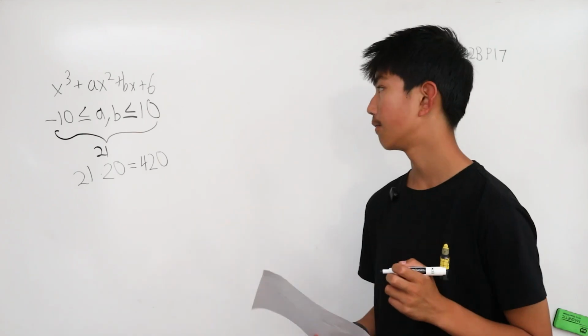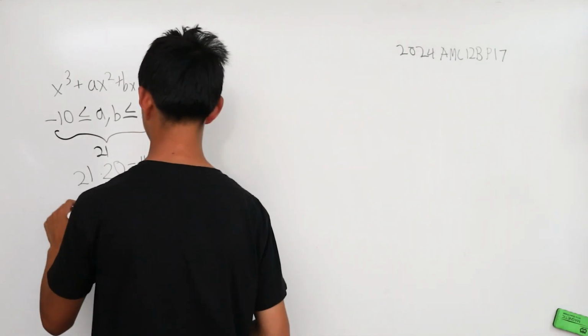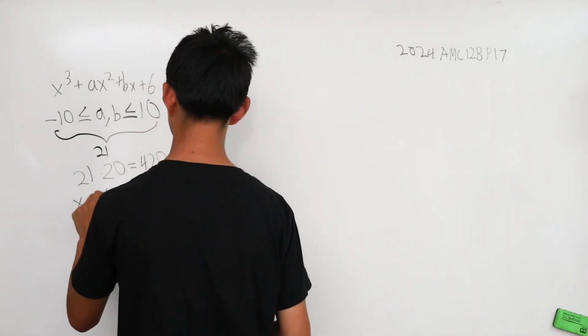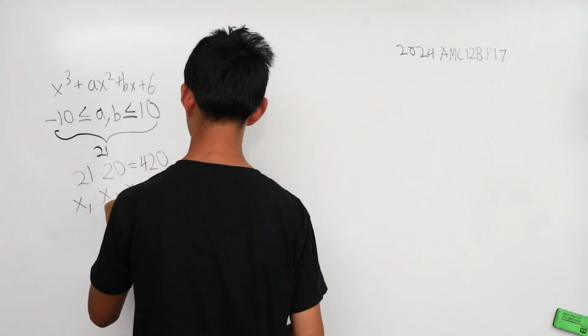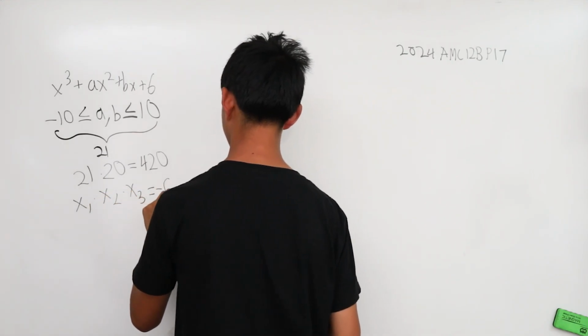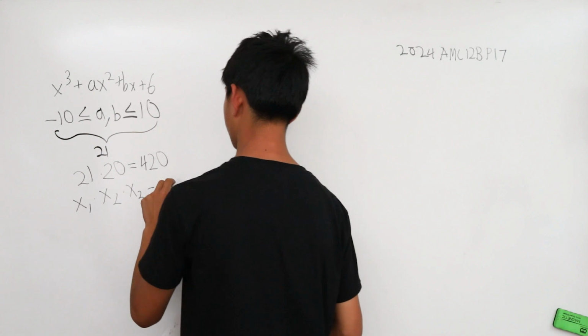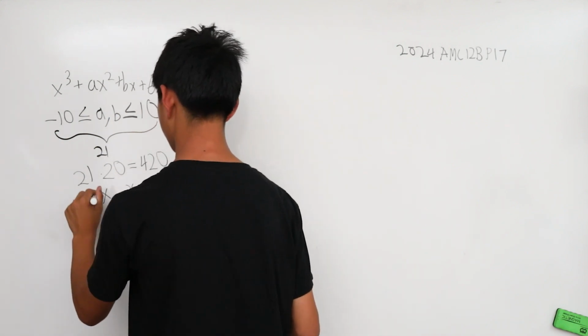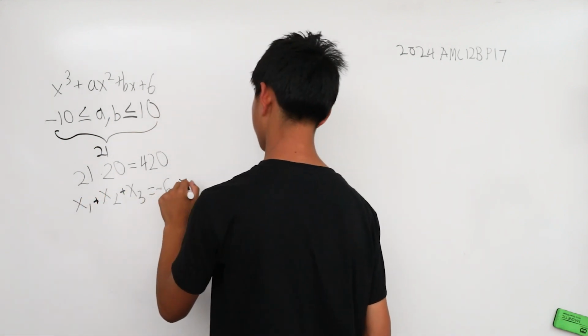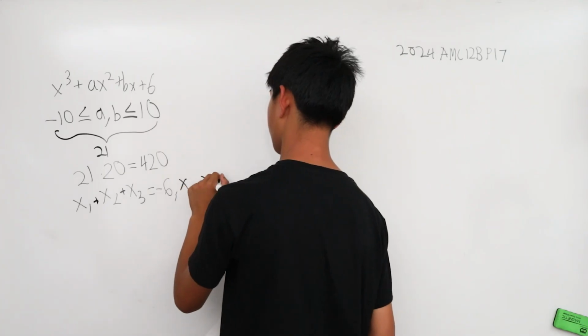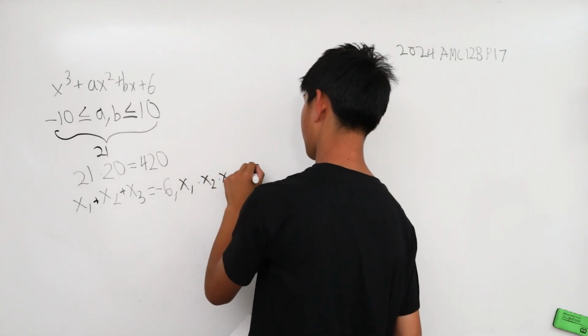Then for Vieta's formulas, we get that x1 times x2 times x3 is equal to negative 6. Oh, I know this is plus. We get that x1 plus x2 plus x3 is negative a.